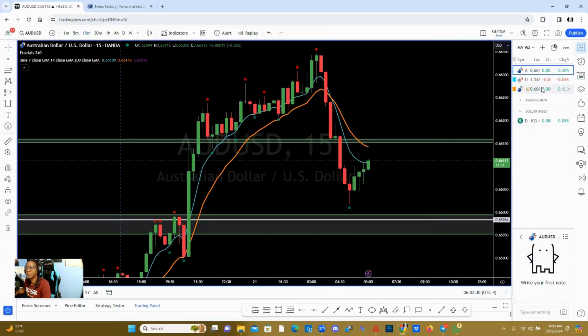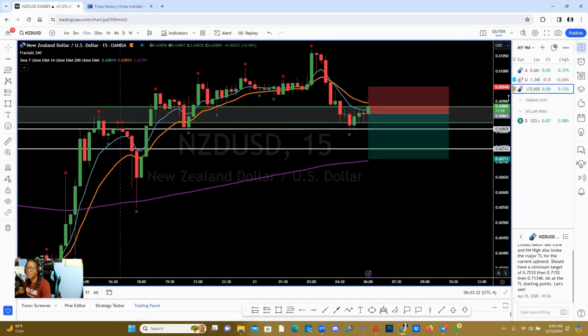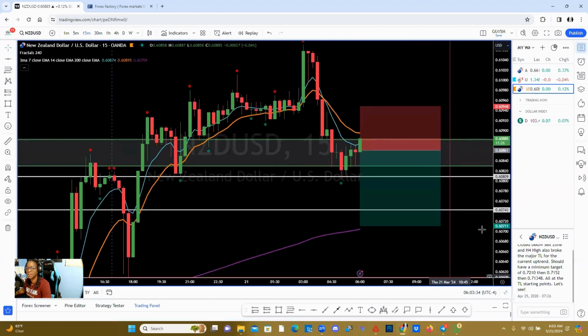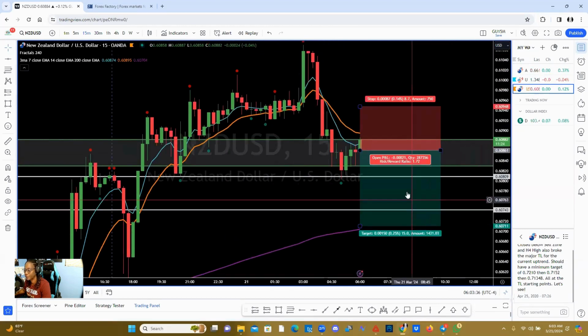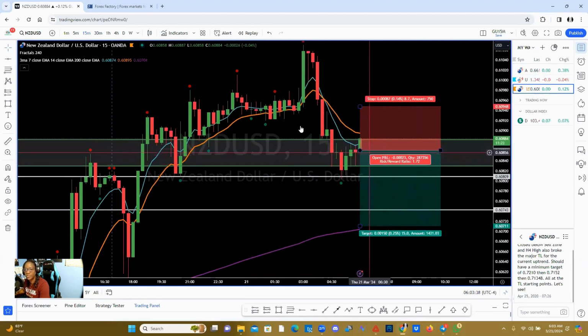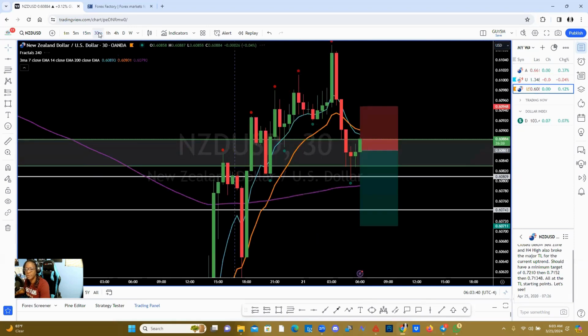But the Zealand dollar is appealing for sells just because it's looking weak. However, that picture could change. Let me hop onto the 30-minute chart. Well, demand is here.